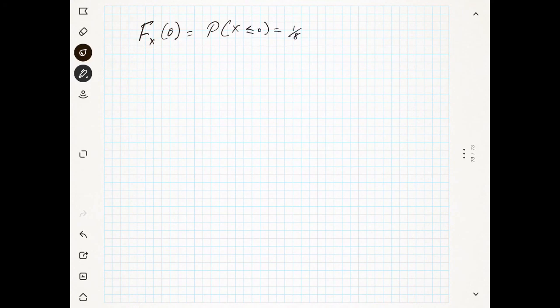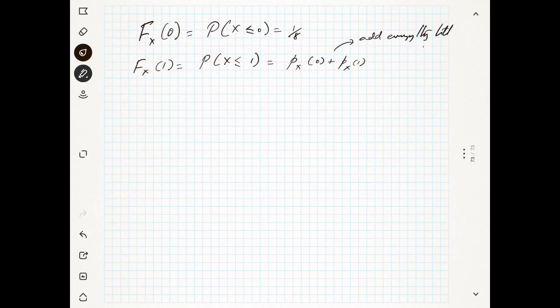It is nothing but 1 by 8. The cumulative distribution function of 1 is nothing but the probability that x is less than or equal to 1. It is nothing but the probability mass function of 0 plus the probability mass function of 1. That means you have to add everything till 1.